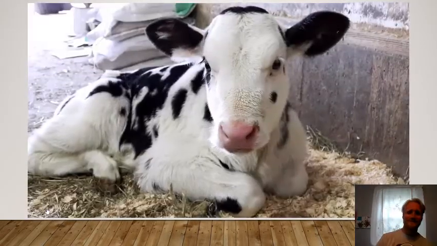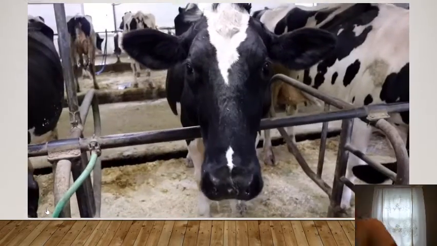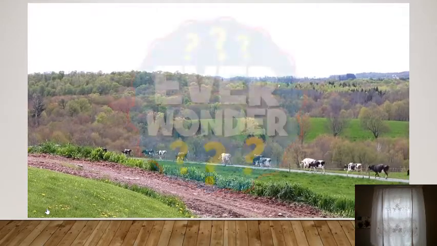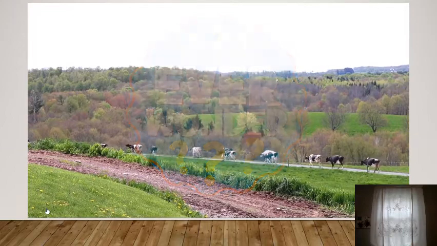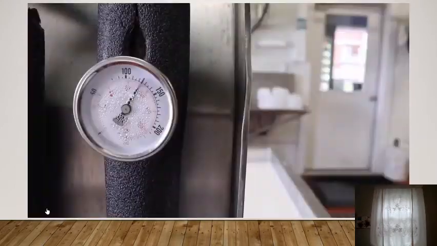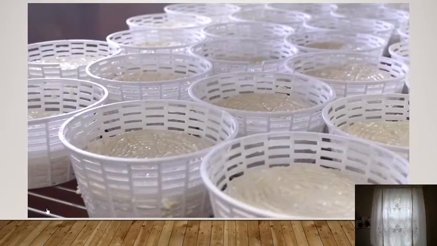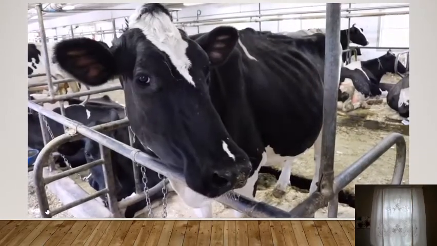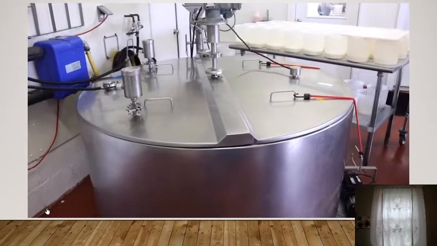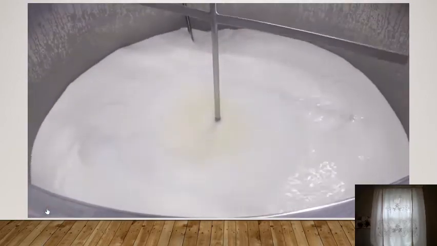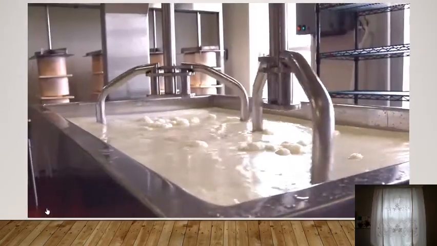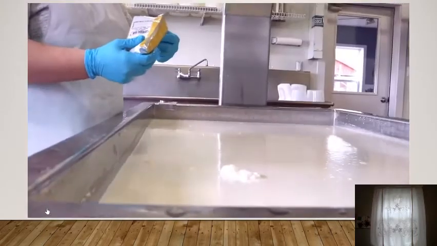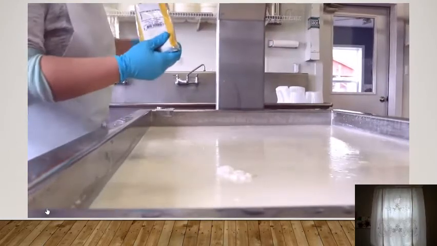Today on Ever Wonder, we're at Calkins Creamery, a dairy farm that makes cheese. Emily and Maggie are going to show us their process. There are many different types of cheese, but the first step is always milking the cow. The milk is stirred in the pasteurizer, which heats up and kills off bacteria that naturally lives in the milk. Starter cultures and rennet are added, which helps the milk curdle and stick together.